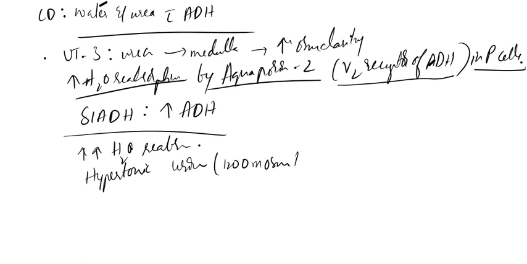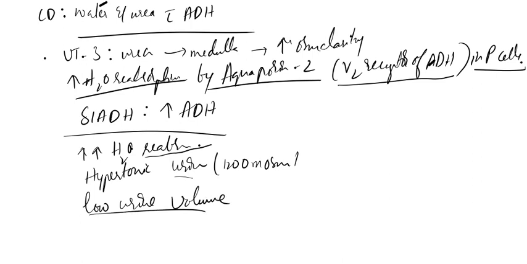Why is the urine becoming hypertonic? Because most of the water is being reabsorbed into the blood. Now, will the urine volume decrease or increase? The urine volume will be decreased because most of the water is being reabsorbed.